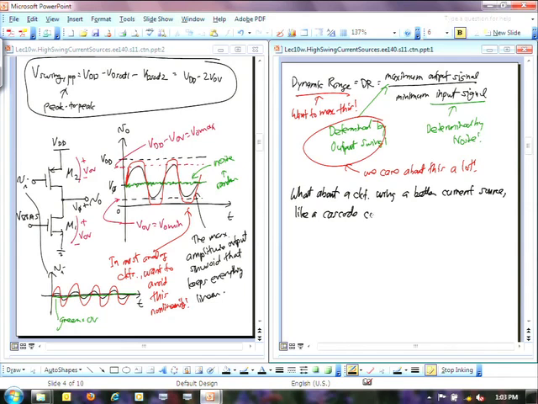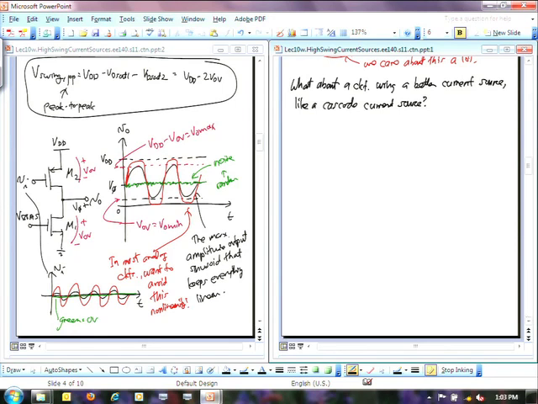So do you remember the advantages of a cascode current source? Who remembers the advantage of that? So here's a cascode circuit. We'll stick with a PMOS type drive here, since we started out with that. And this is what it would look like if we made it into a cascode circuit.